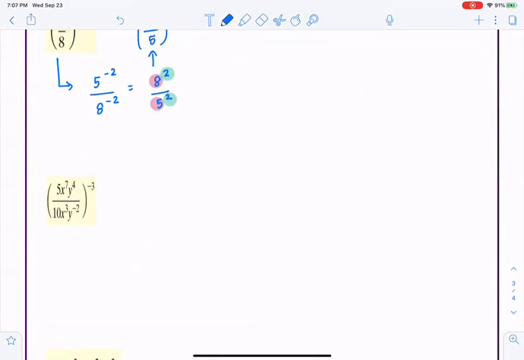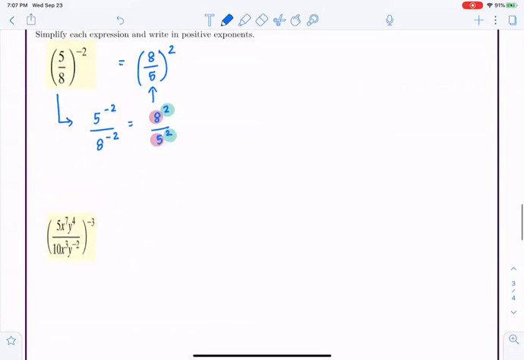So extending that concept right here in the previous problem, 5 over 8 became 8 over 5 and the exponent turned positive. So I'm going to do the same thing here. But before I do that, I would like to simplify the terms that are inside the root.